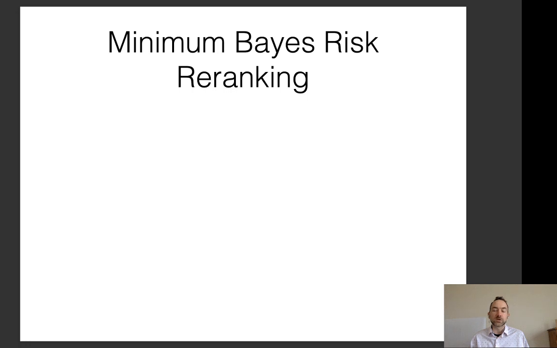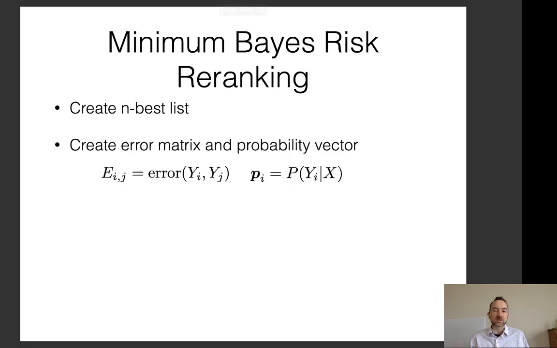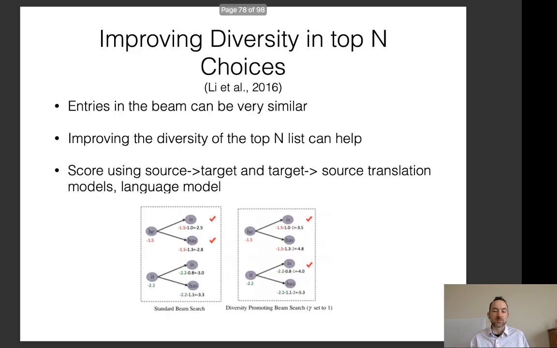One way we can do this is through minimum Bayes risk re-ranking. What we do is we create an n-best list, and then we create an error matrix and a probability vector, and we multiply these together to get the risk and find the element with the lowest risk.